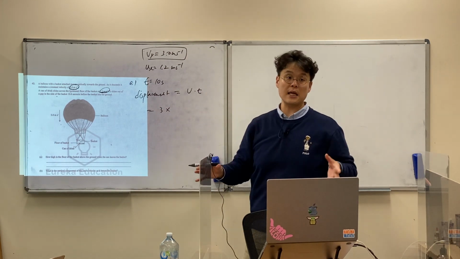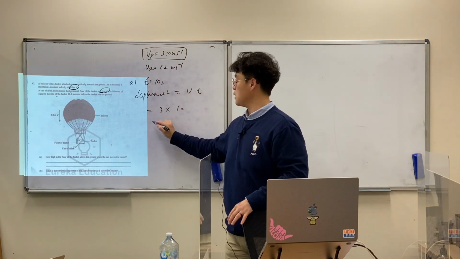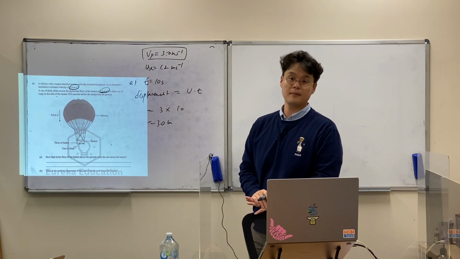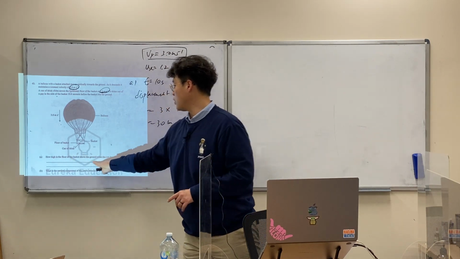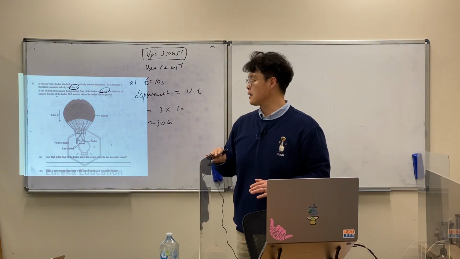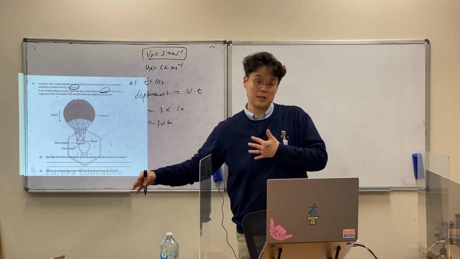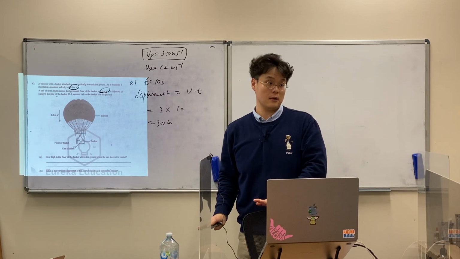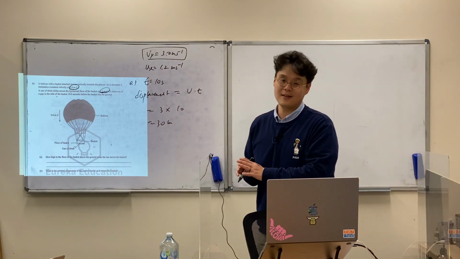As it was descending 10 seconds after the can left the basket, it would be 30 meters down for A. Because the question is asking how high is the floor of the basket above the ground when the can leaves the basket. So after the can left the basket, it went down for another 10 seconds. So it's more about how to analyze the question rather than the projectile yet.